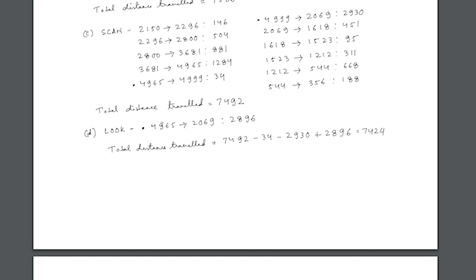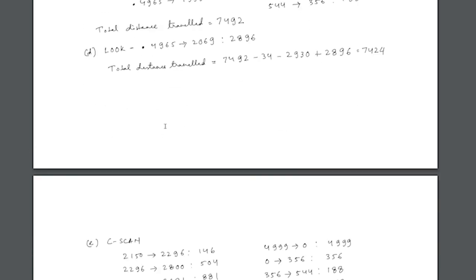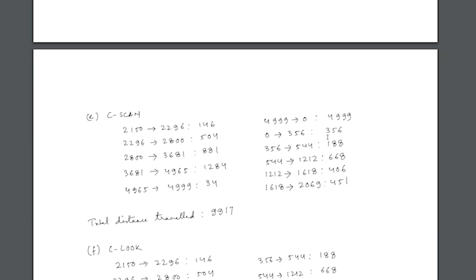They will directly go from 4965 to the left. They are not going to take care of all these requests while coming back from right to left. And in C-LOOK again, they are not going to go to 0 from 4965, like in C-SCAN, where at the very end it goes to 0.